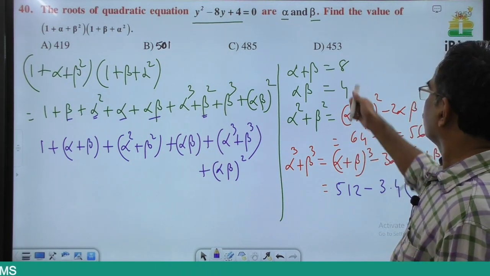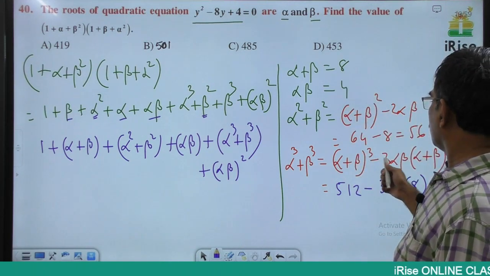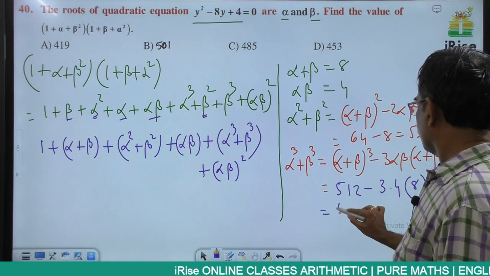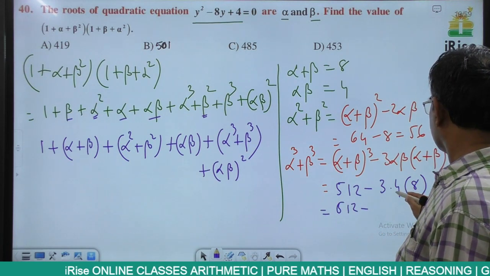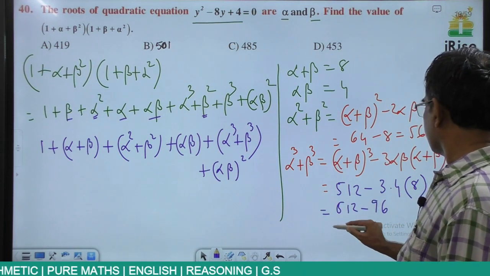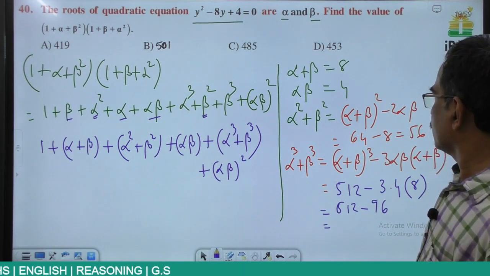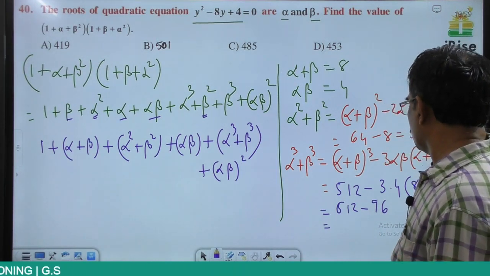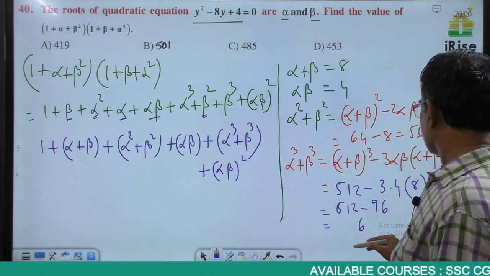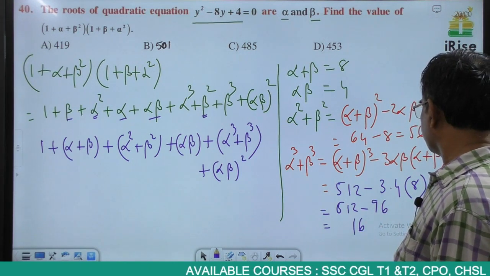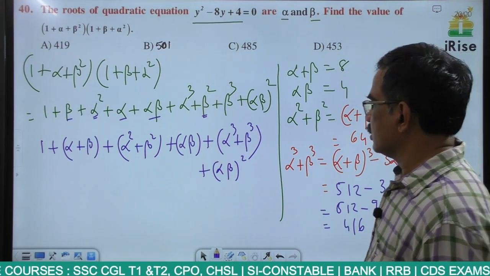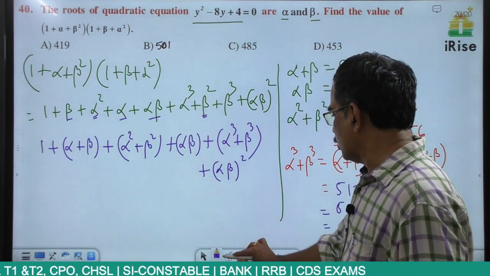That is (a plus b) whole cube minus 3ab into (a plus b). This is nothing but 512 minus 96. Okay, this is equal to 416. Then I want to substitute these values.